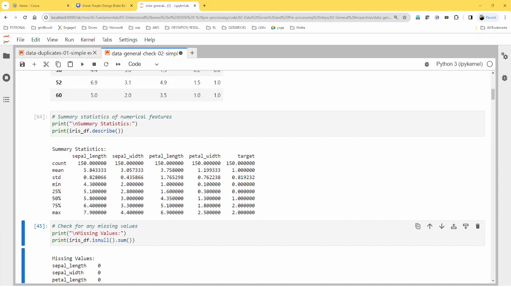Let me walk you through what we should look for in such output. The pandas describe method provides you the basic statistics. The last column is categorical in nature, essentially the values 0, 1, and 2 because there are three classes, so this statistic for this column really does not make much sense.